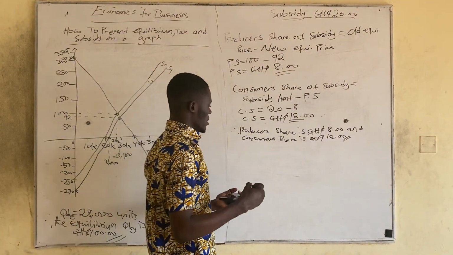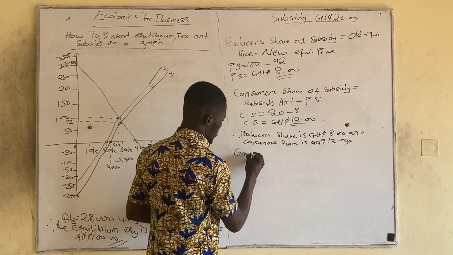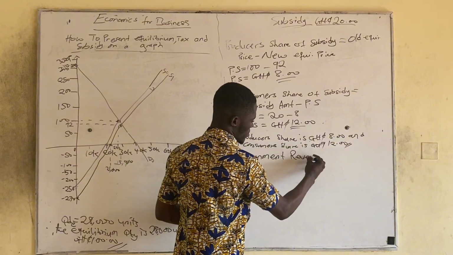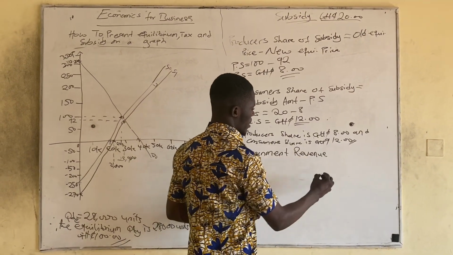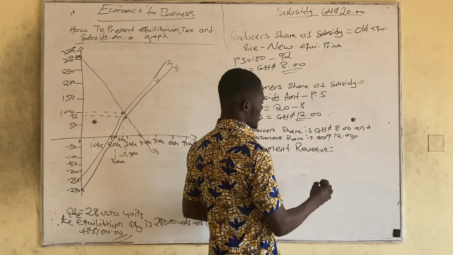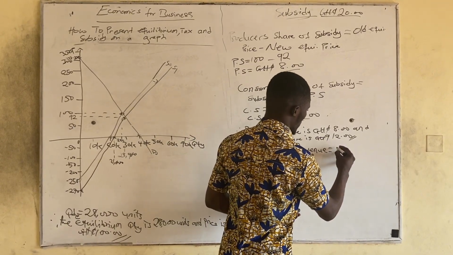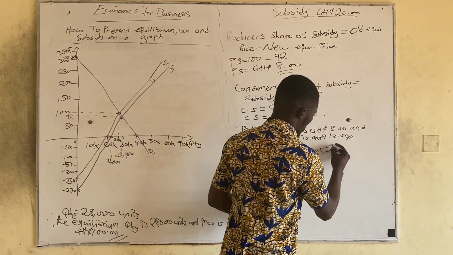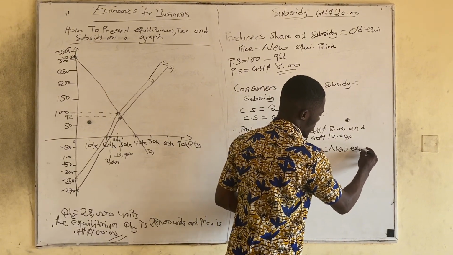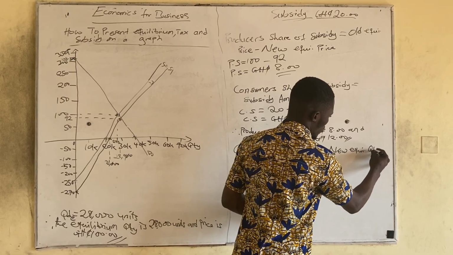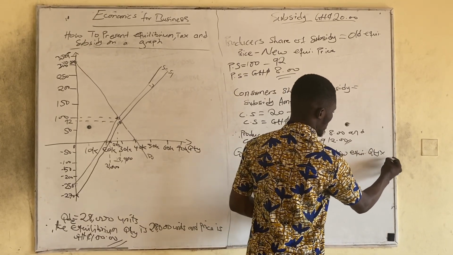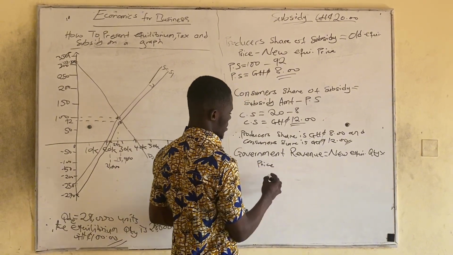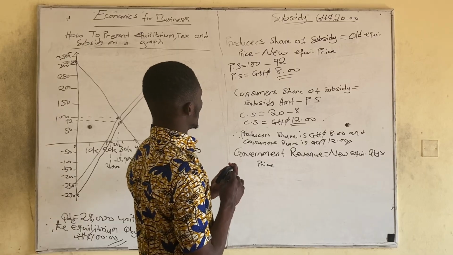So government revenue, okay, will give us the new equilibrium quantity times price. New equilibrium quantity and then the price.